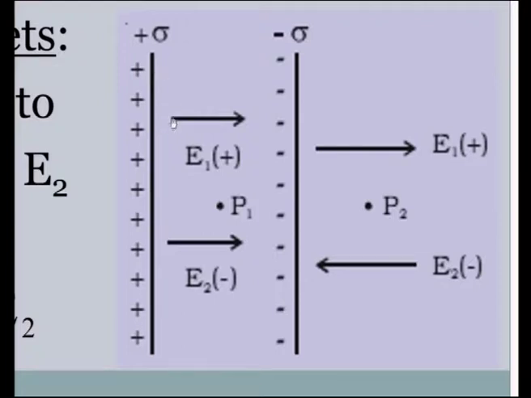The electric field has to come out, which is marked as E1. This is due to the positive charge, so it is marked as positive. The electric field comes out from the positive plate, and as far as the negative plate is concerned, the electric field has to end in this. So, the electric field is towards the negative plate. These two arrow marks are pertaining to this point P1. Not only this point, it is applicable for all the points. So, look at the direction, this is E2 due to the negatively charged plate.